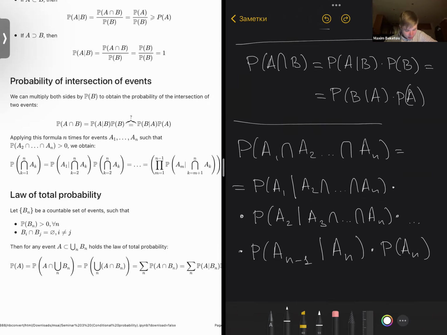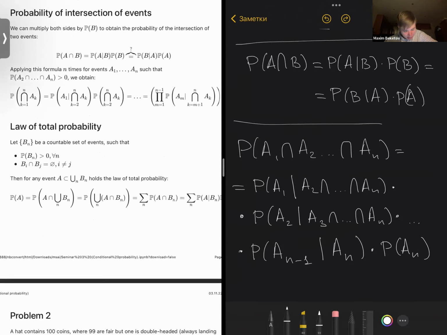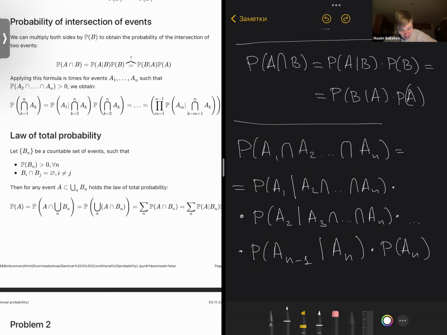Okay, and there is also a law of total probability. So if you have a set of events, even if it is not finite but infinite, but countable, right? You know that things can be countably infinite and uncountably infinite.